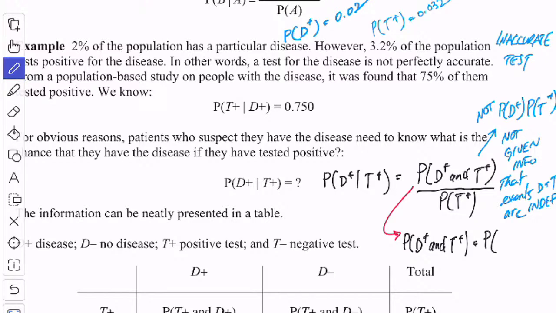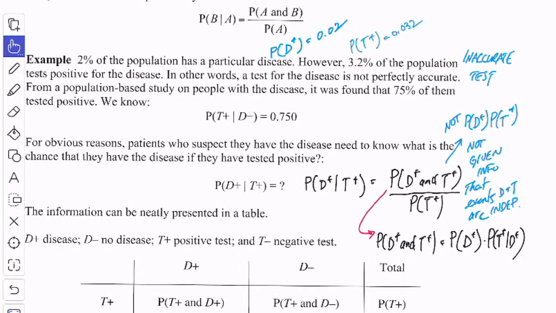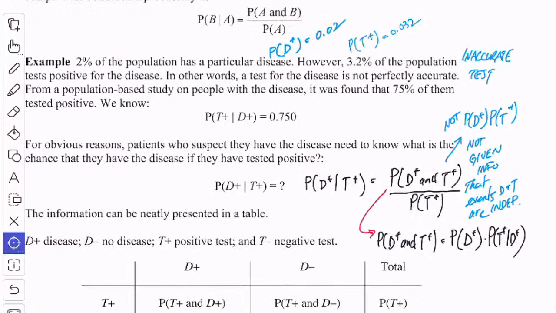So the chance of a disease group times the probability of testing positive for a disease group is the same as testing positive and having the disease.